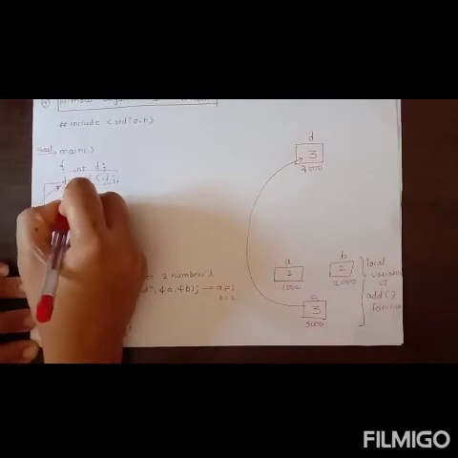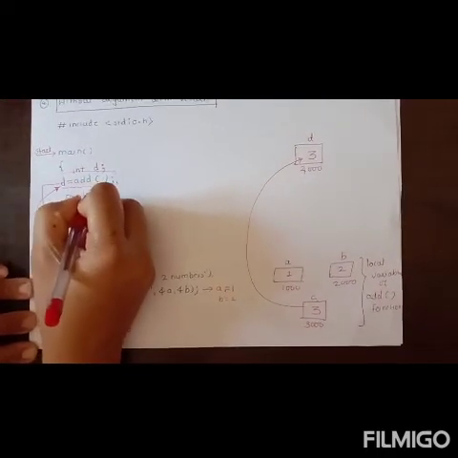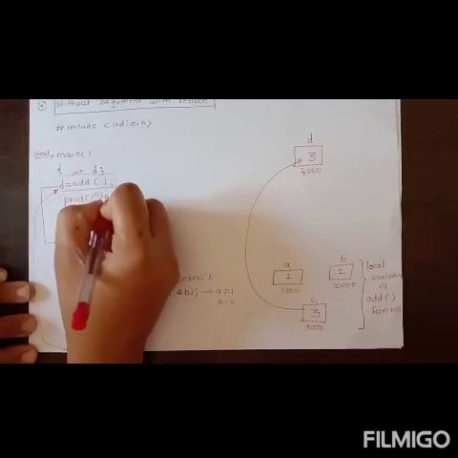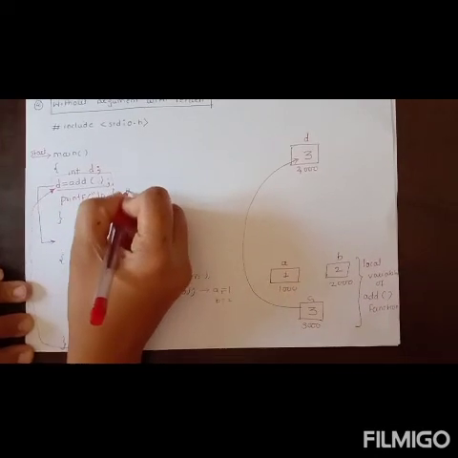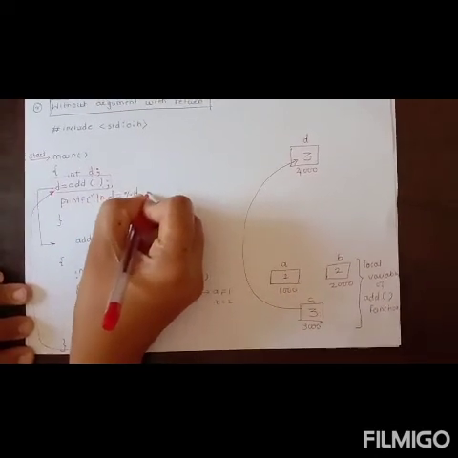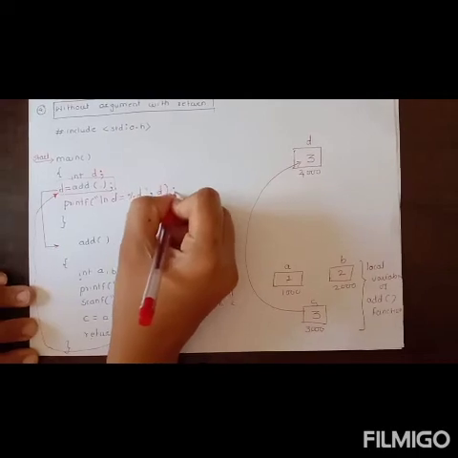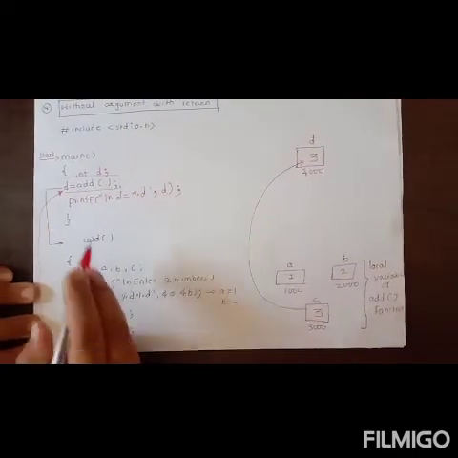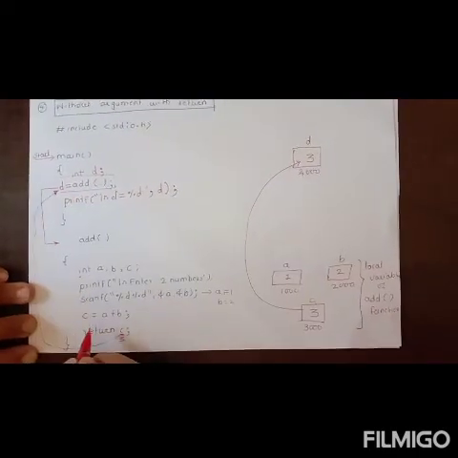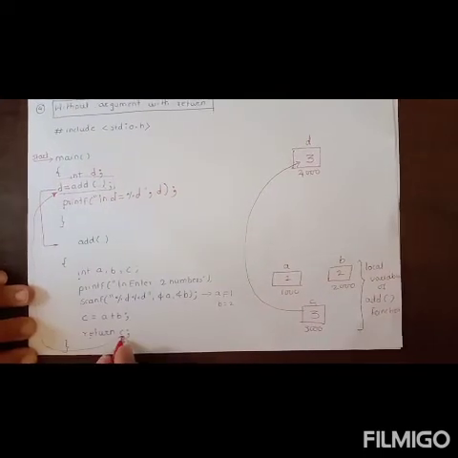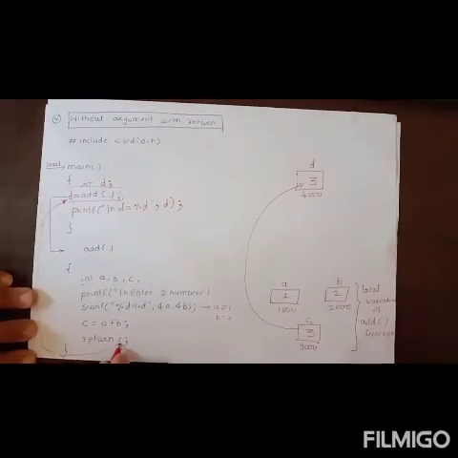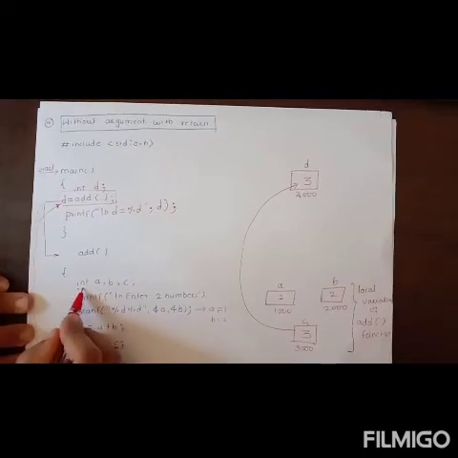And after that I'll write just printf("\n d is equal to %d", d). Okay, and with this I'll change the syntax. Which value are you returning? c. c is of which data type? Integer.